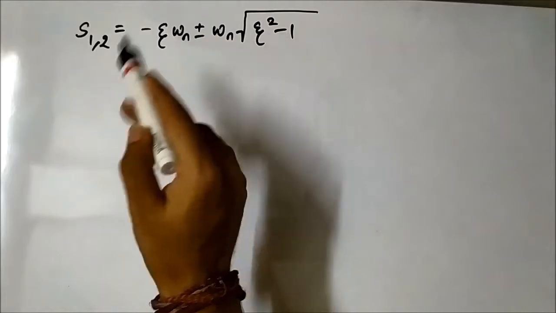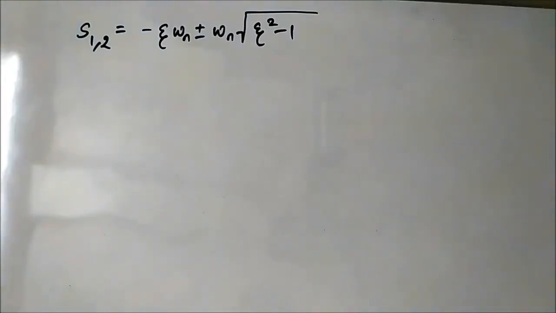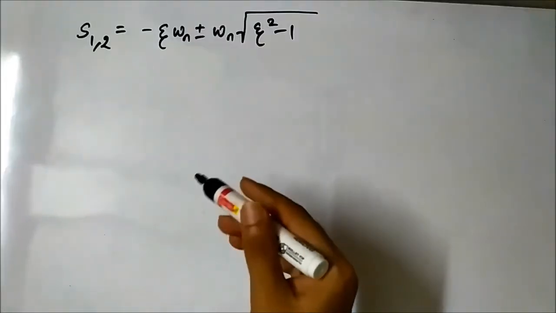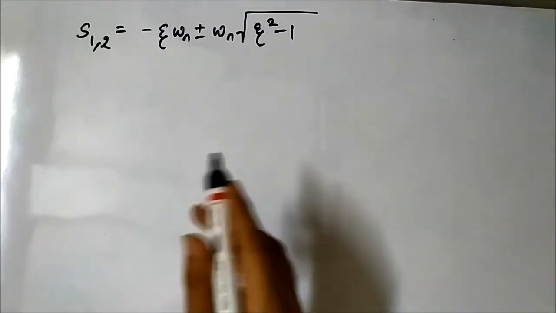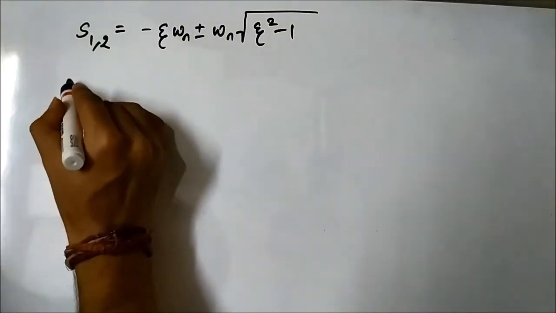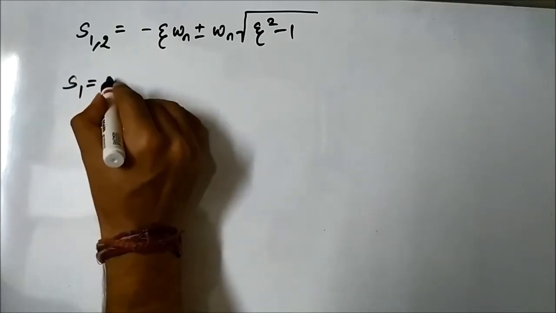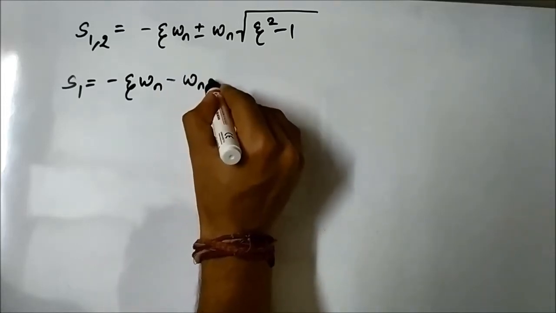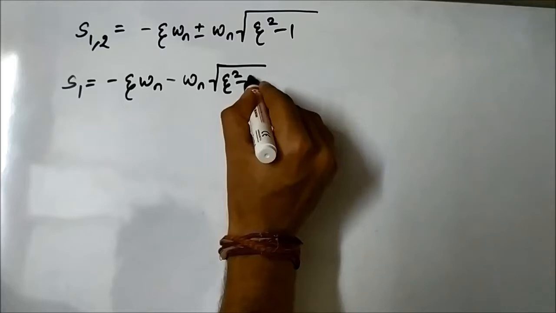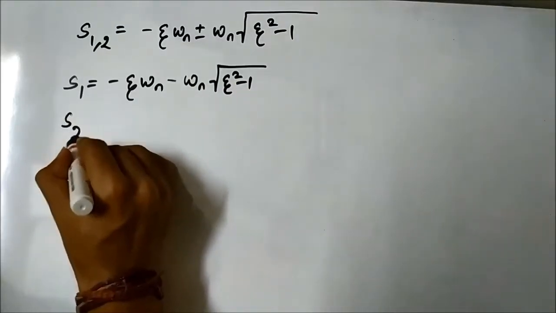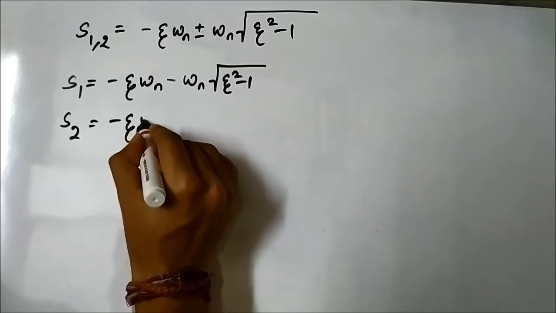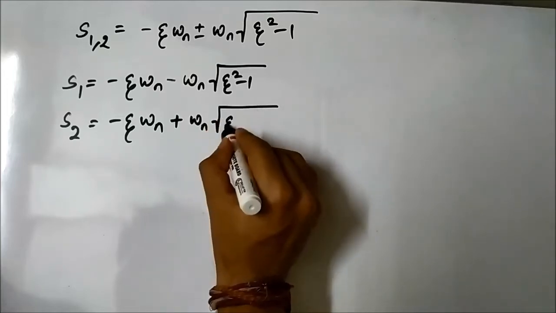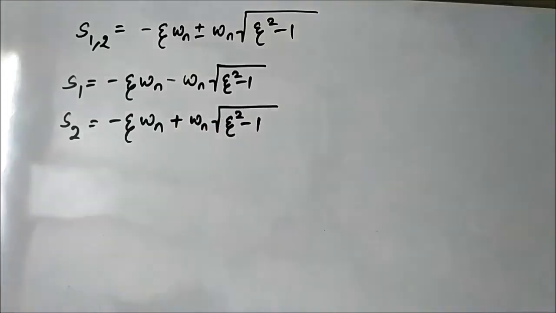So we got the roots of the characteristic equation of a second order system in the form of this: minus zeta omega n plus minus omega n into root over of zeta square minus 1. So we can further write it as the first root, let's say we take it as minus zeta omega n minus omega n into root over of zeta square minus 1, and the second root, let's say it is minus zeta omega n plus omega n into root over of zeta square minus 1.